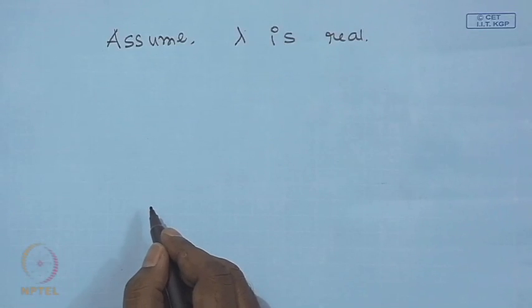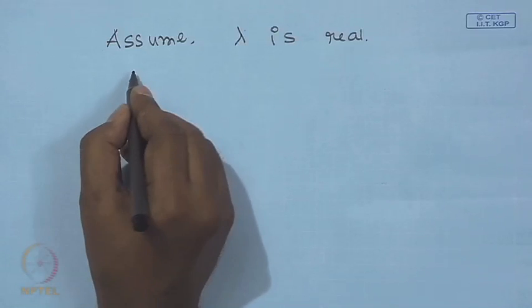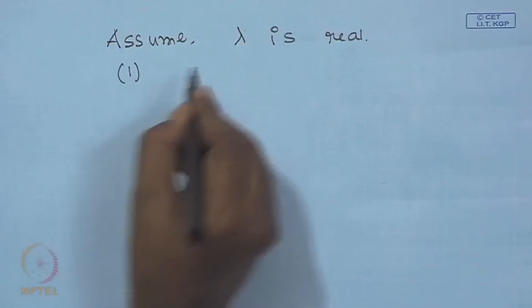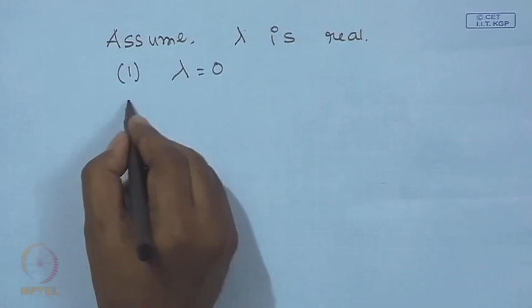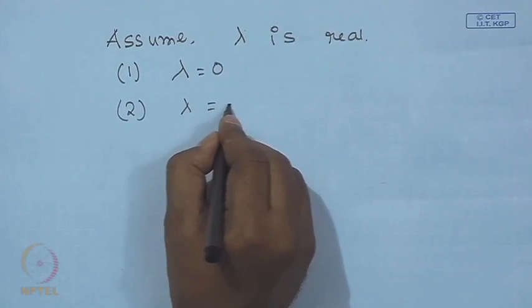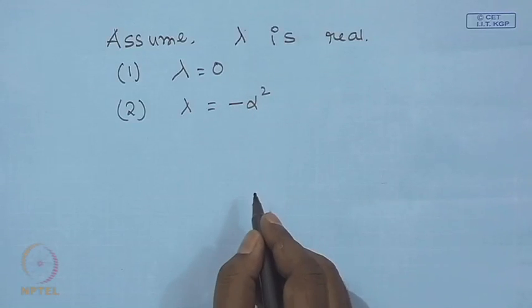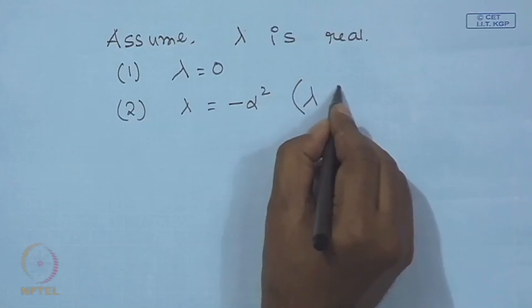If lambda is real, then there are three possible cases lambda can assume. Number 1, lambda is equal to 0. That is possibility 1. Second, lambda is negative, let us say it is minus alpha square.